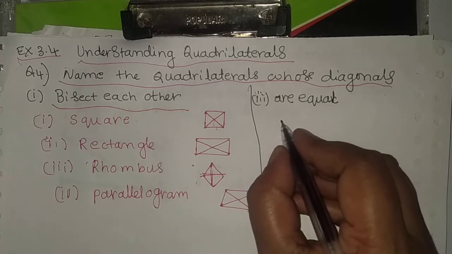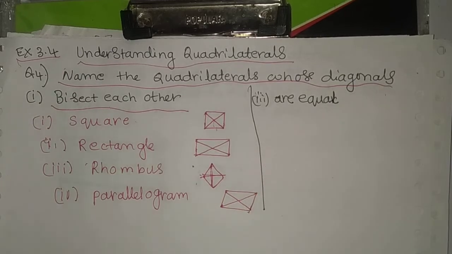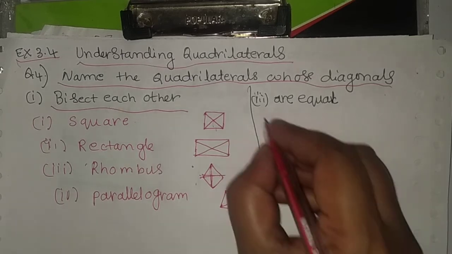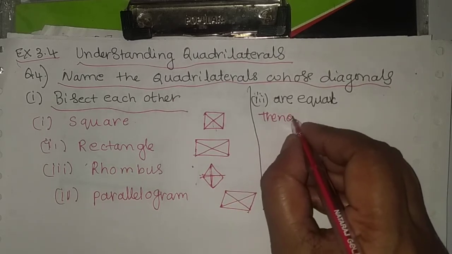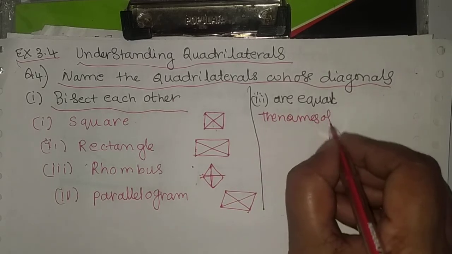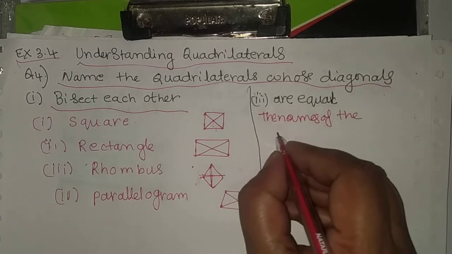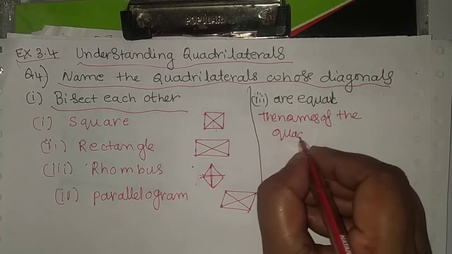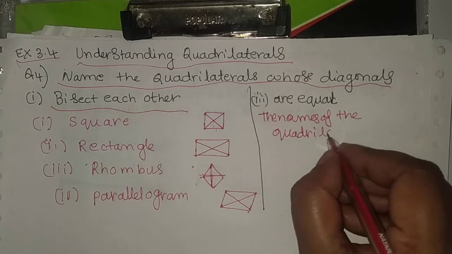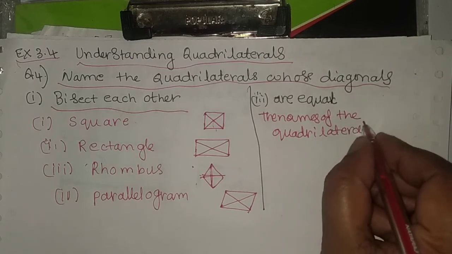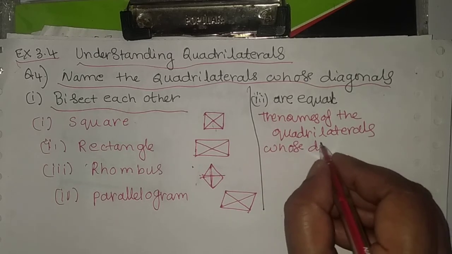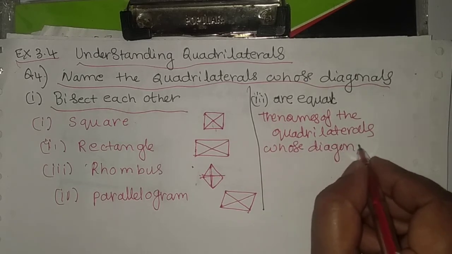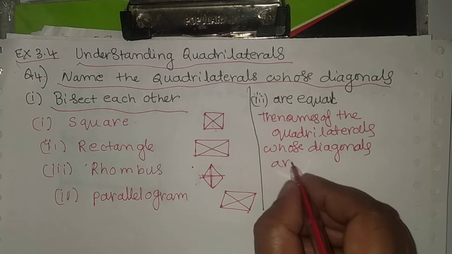So for this, the first option we take is square and rectangle. I'll write the names of the quadrilaterals whose diagonals are equal.